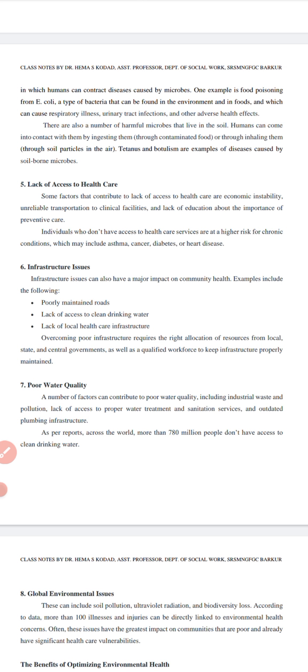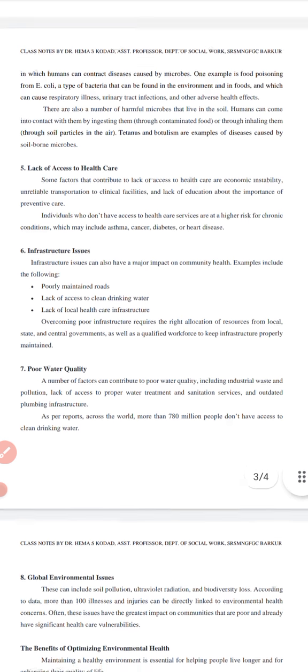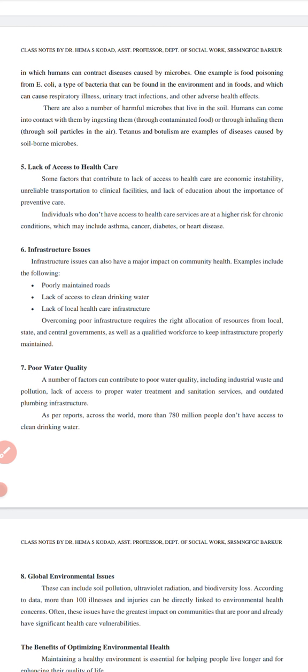People with better infrastructure have better health, and those with poor infrastructure suffer from poor health. Overcoming poor infrastructure requires the right allocation of resources from local, state, and central governments, as well as a qualified workforce to keep the infrastructure properly maintained.